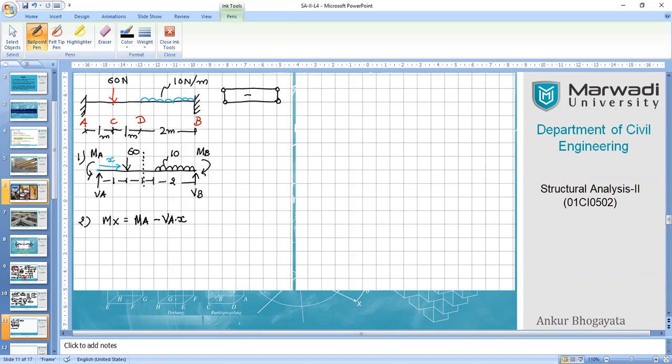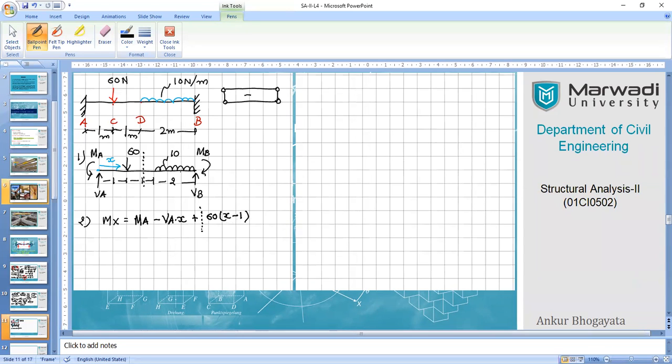It will again create an anti-clockwise moment, so it will be positive. So plus 60 into x minus, what is the distance? 1 meter. So x minus 1.